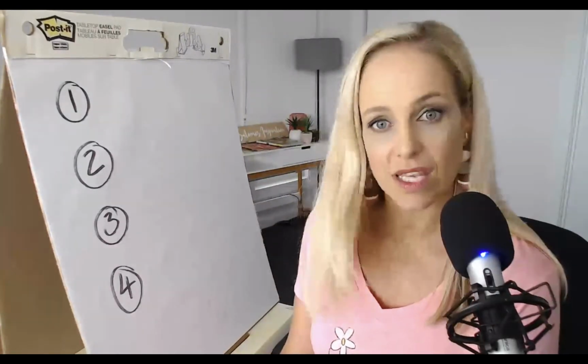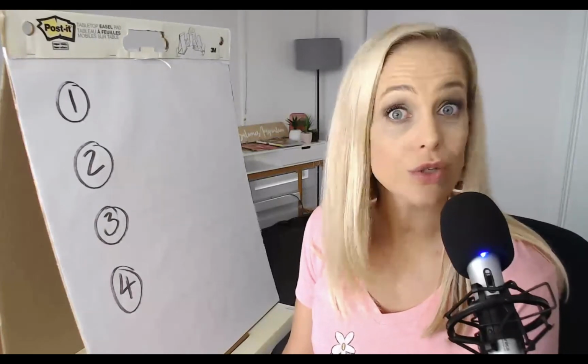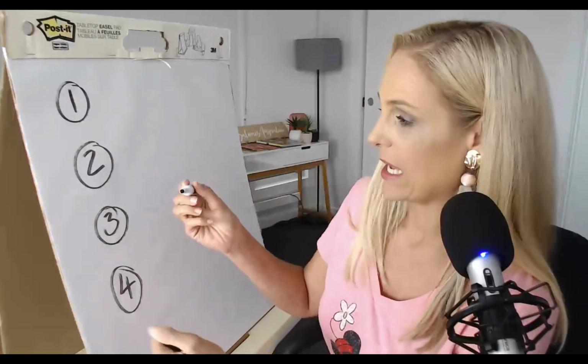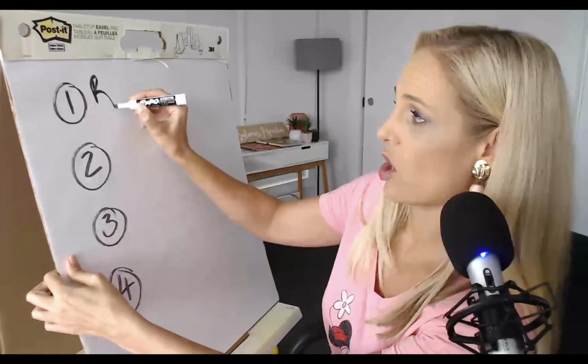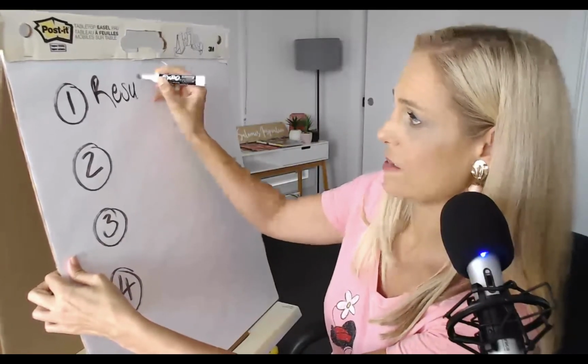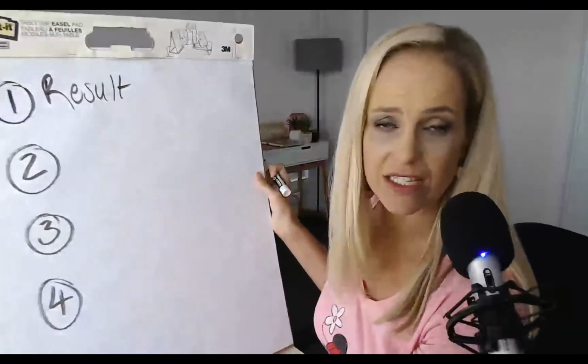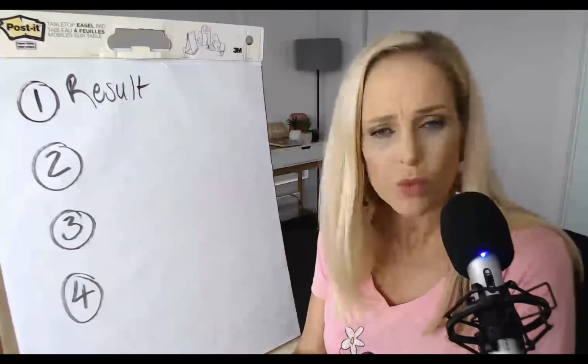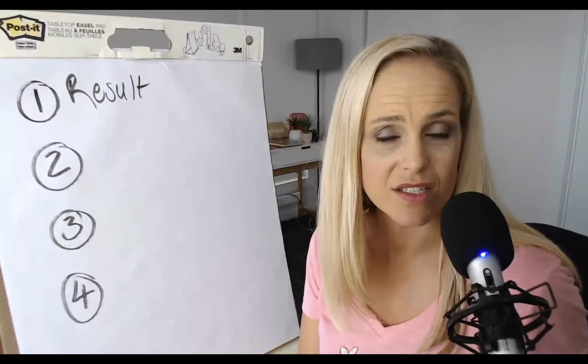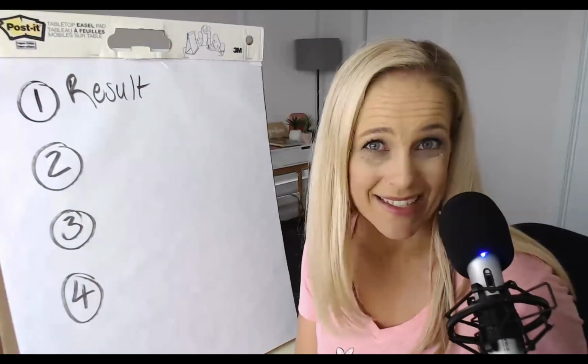The first thing you want to use to determine if your ads are working or not is the result. Now, maybe that seems very logical, but the first thing you're going to do is ask yourself, well, what was the outcome that I wanted from this ad in the first place?